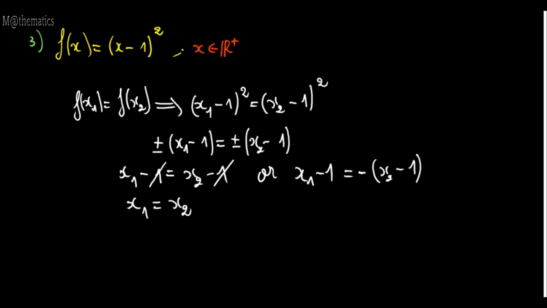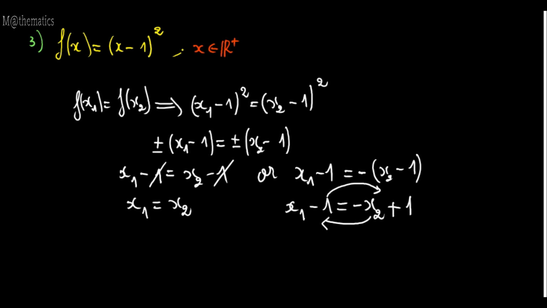For the second equation, we have x1 minus 1 is equal to negative x2 plus 1. So we can transpose this negative 1 to the right hand side, and negative x2 transpose to the left hand side.